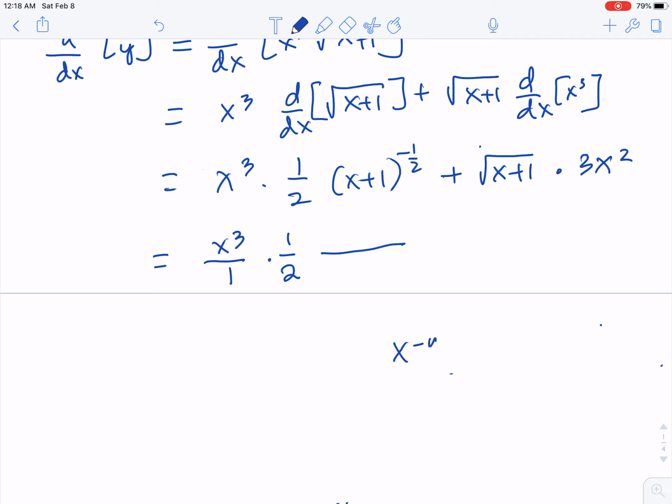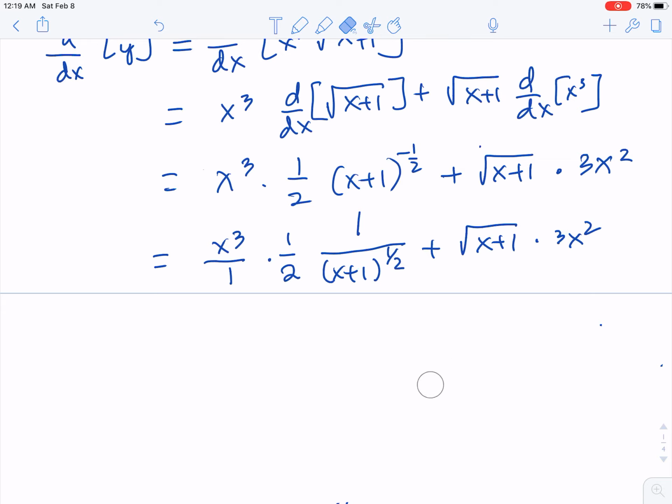Naalala niyo itong law na to ng exponent? Pag meron ka negative exponent, pwede mo kunin yung reciprocal, and then magiging positive na yung exponent. So, this becomes 1 times x plus 1 to the 1 half plus square root of x plus 1 times 3x squared. Okay?